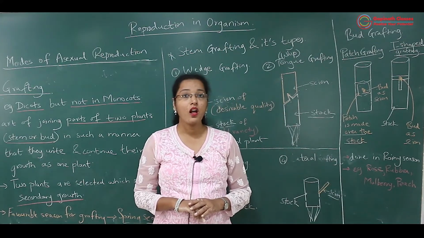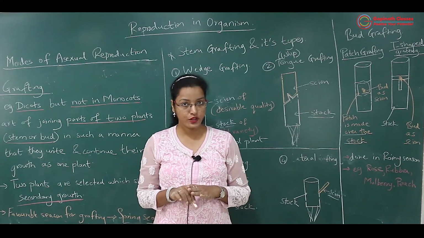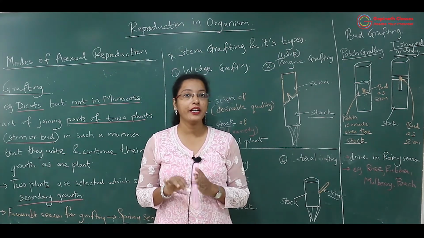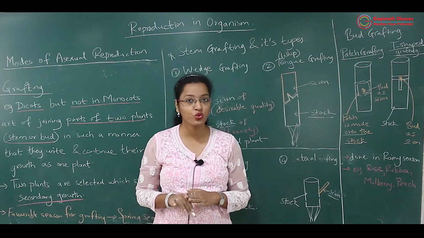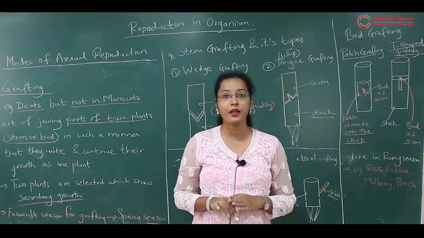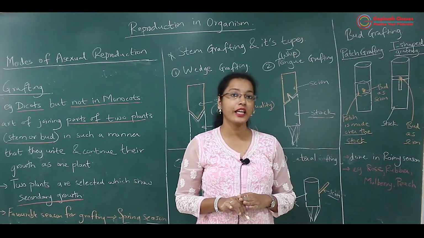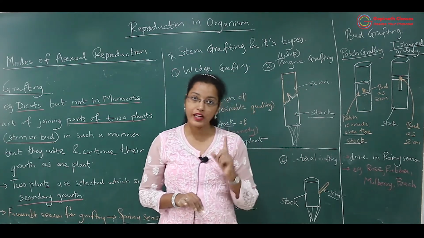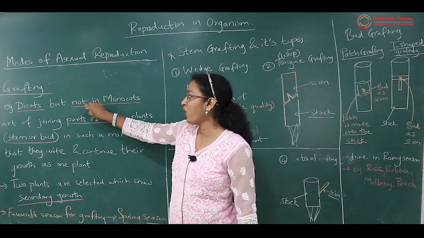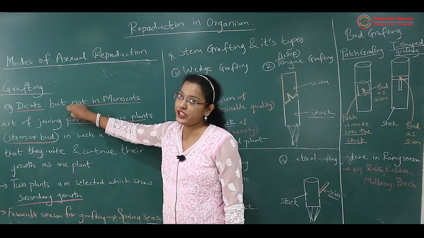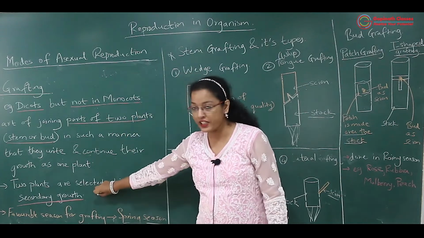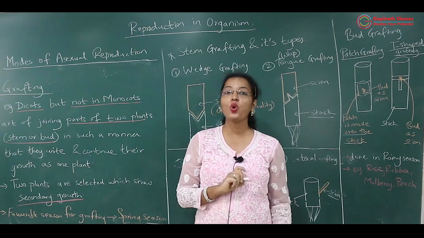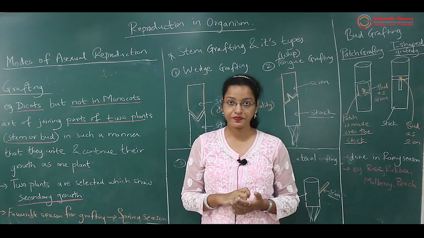So, we can do grafting also, which is a type of artificial vegetative propagation which can be very well used to introduce desirable qualities in dicot plants. Remember, in dicot plants only, grafting can be practiced, because dicots show secondary growth, monocots do not show secondary growth.